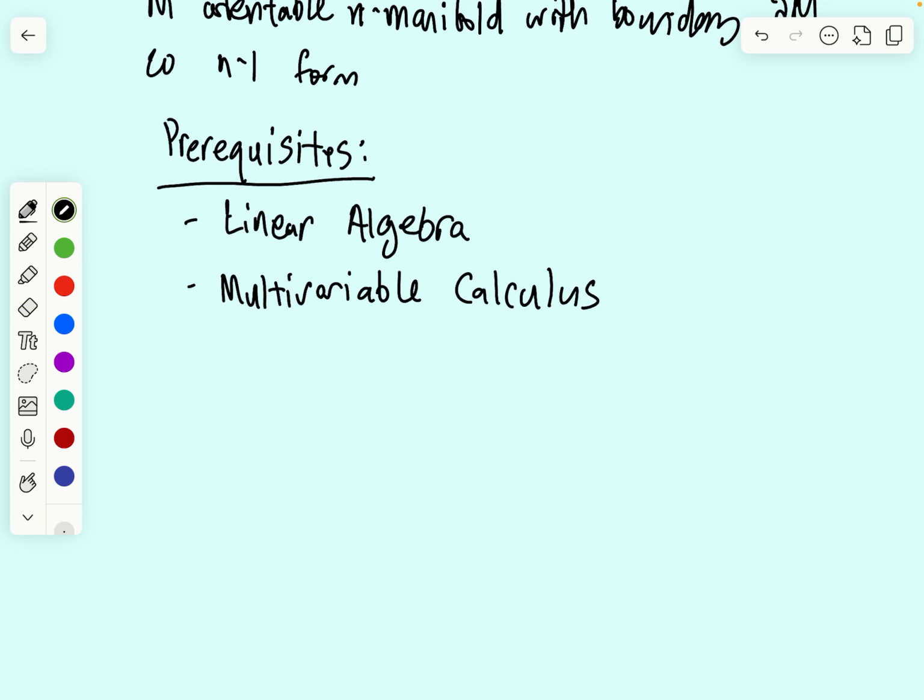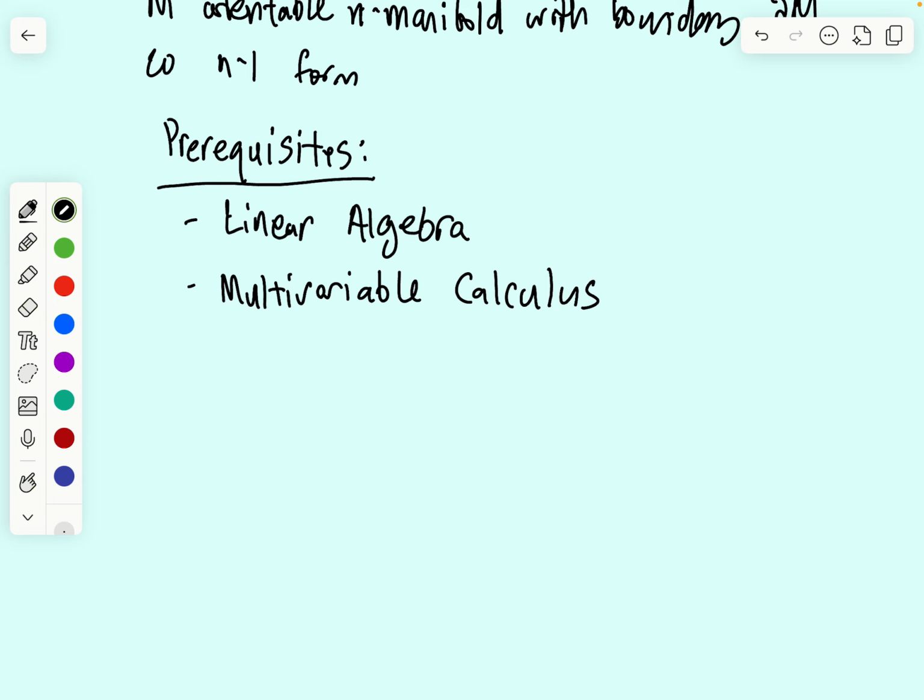The basic multivariable calculus, the partial derivatives and the double integrals and triple integrals, and you're familiar with parametrizing curves and arc length and things like surface area, integrating a function over a surface, things like the change of variables theorem.